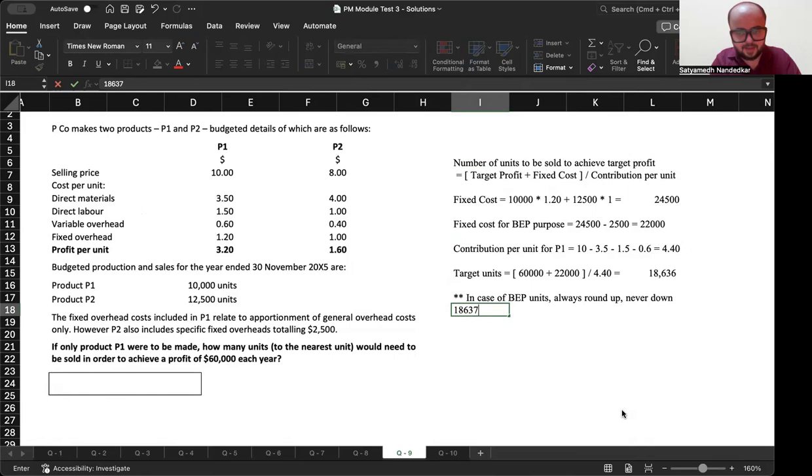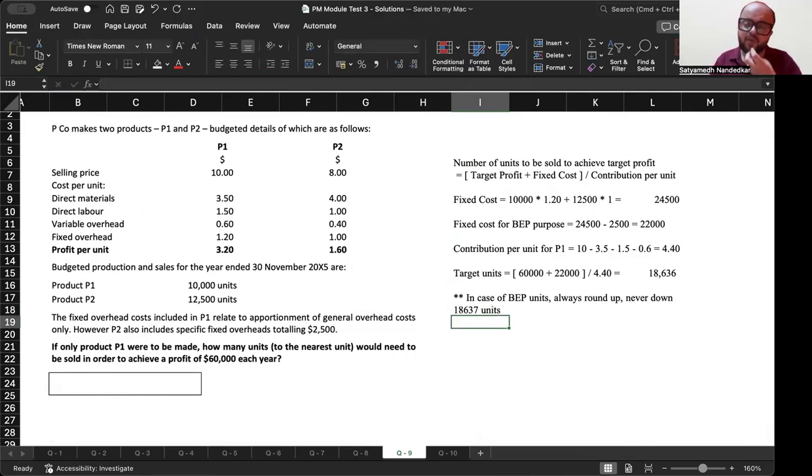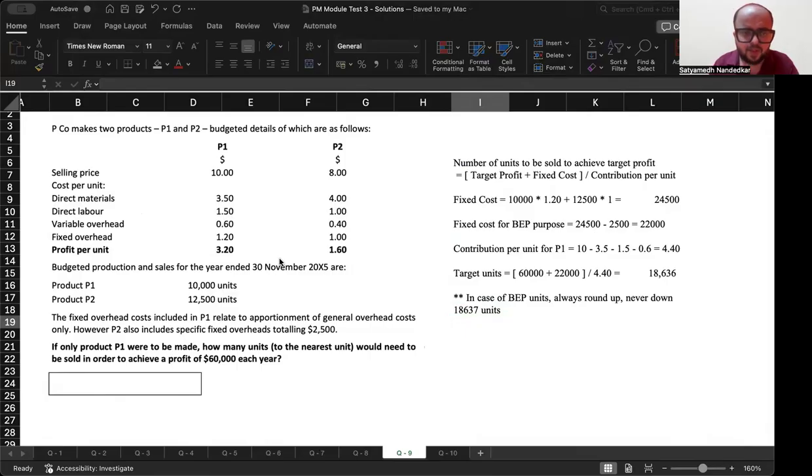Okay. So 18637 units. These are the number of units that you need in order to achieve your break even. Not break even, sorry, in order to achieve the target profit that you are talking about. Cool. Interesting question, slightly different as compared to what we have seen so far, but a very critical one.